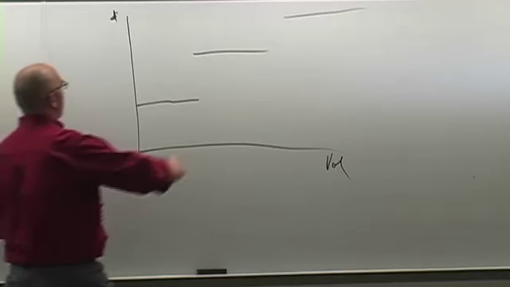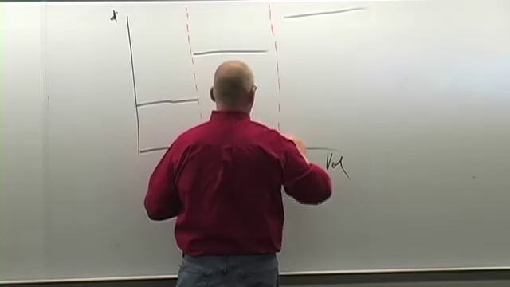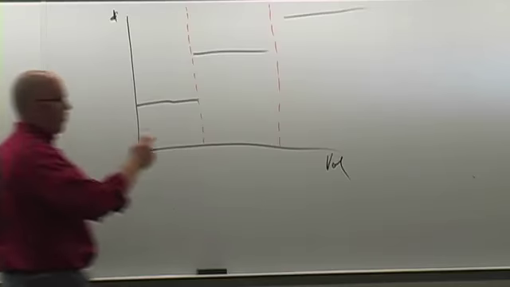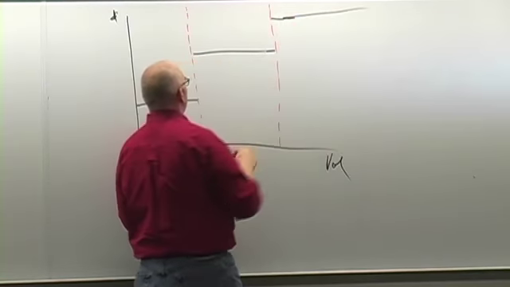But what happens when I do this? Watch what I'm going to do here. And I didn't do a very good job of drawing those black lines because they should be touching the orange. Okay.